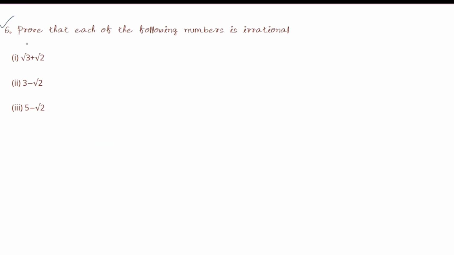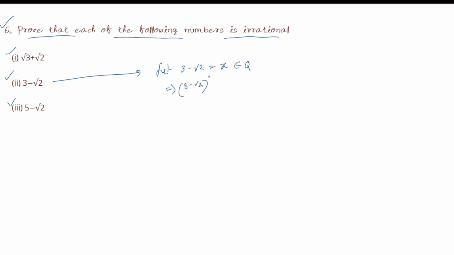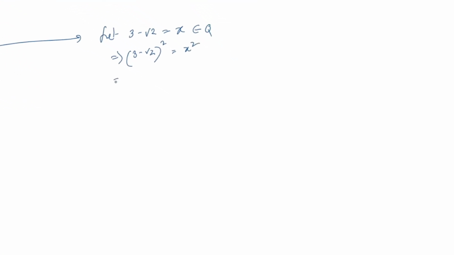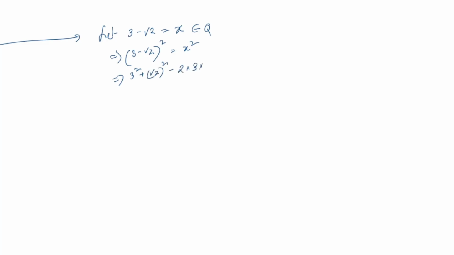Now question number 6. Prove that each of the following numbers is irrational. So these are the same type of questions. We'll do this one. Let root 3 minus root 2 be equal to x, a rational number. Let us find the square of this number. Root 3 minus root 2 whole square is equal to x square on both sides. Using (a minus b) whole square, root 3 square plus root 2 square minus twice a and b is equal to x square.